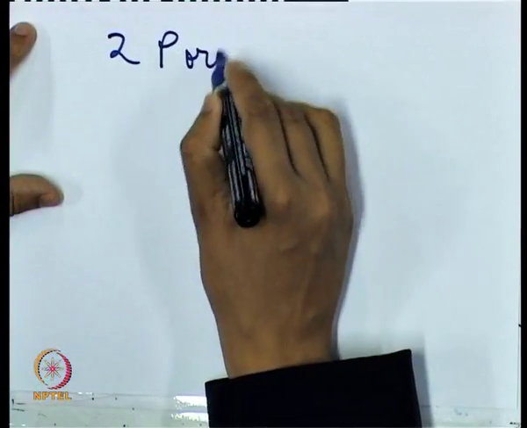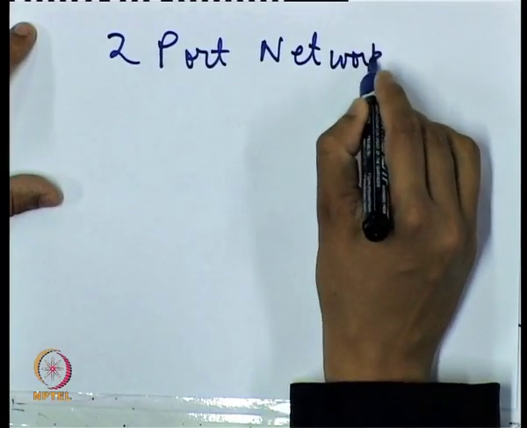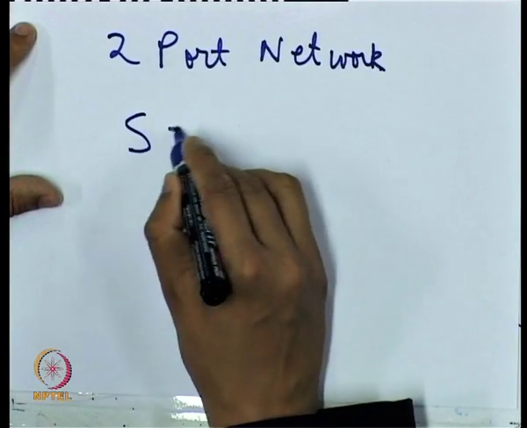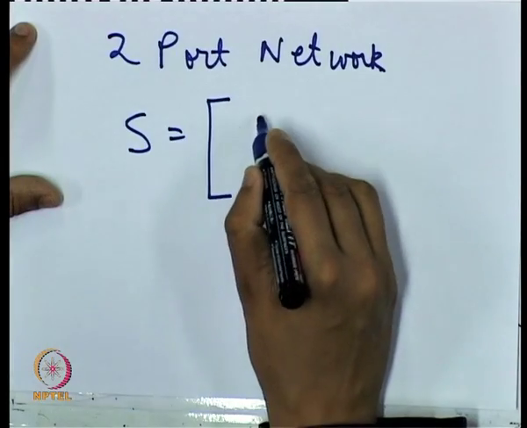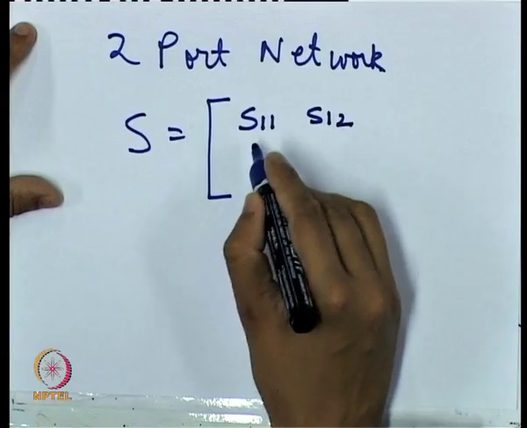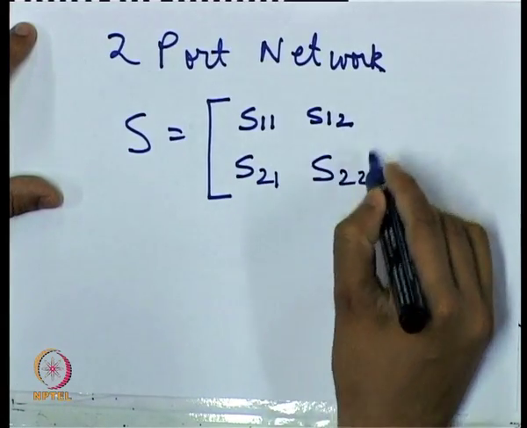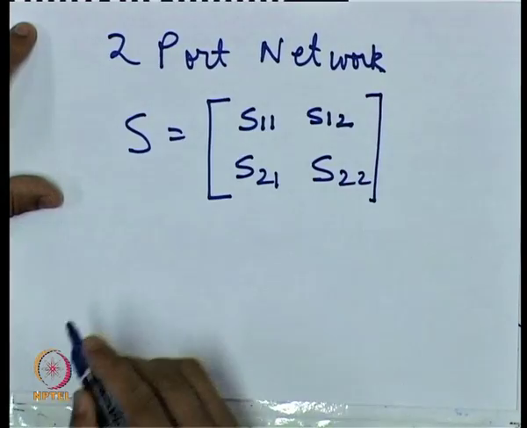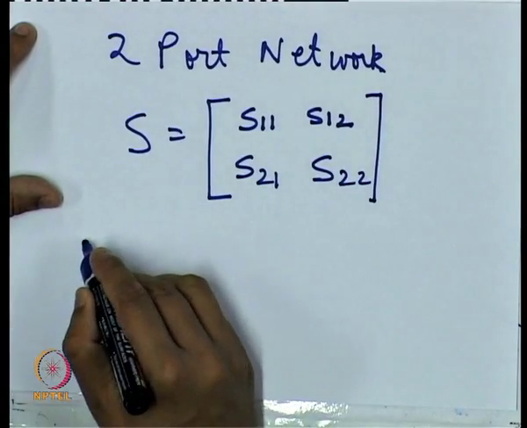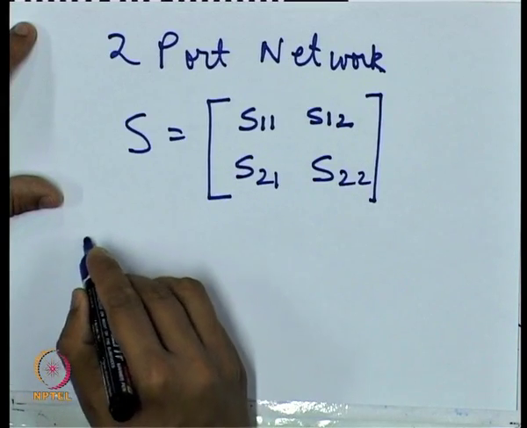So, for a two-port network, our S parameter matrix will be something like this. Let's first start with the condition for reciprocity.